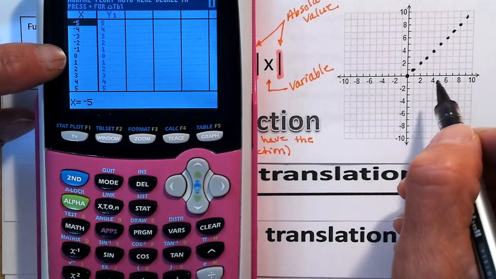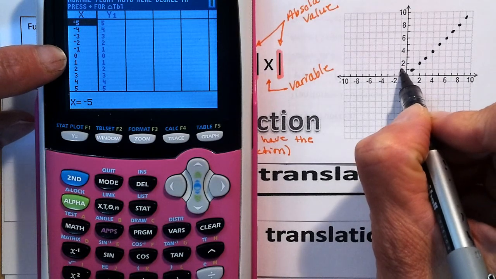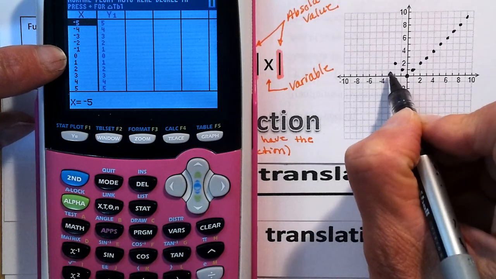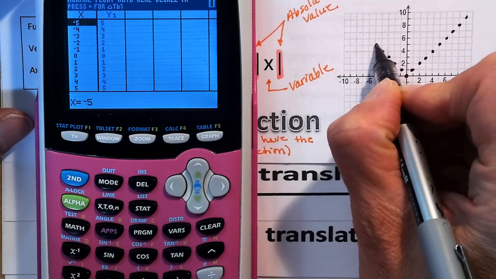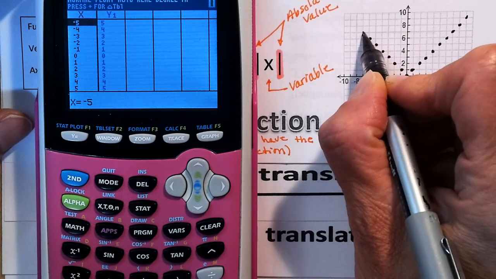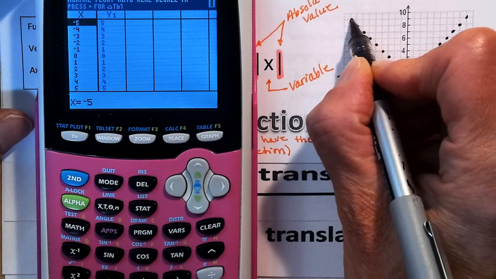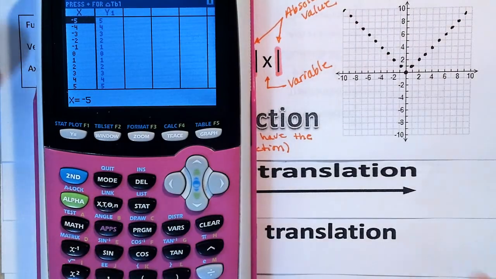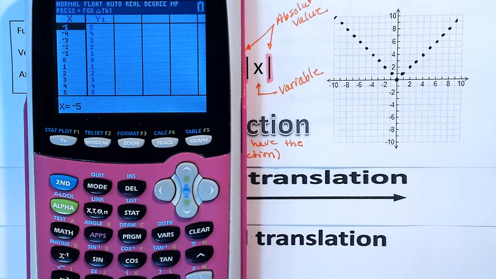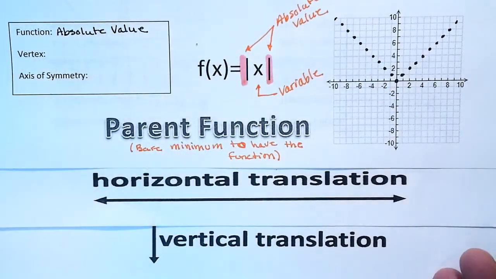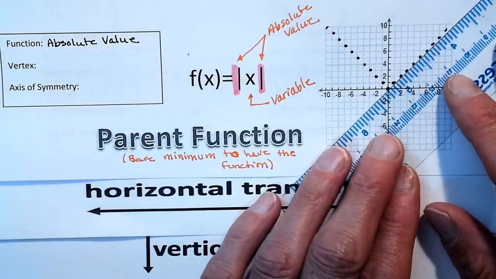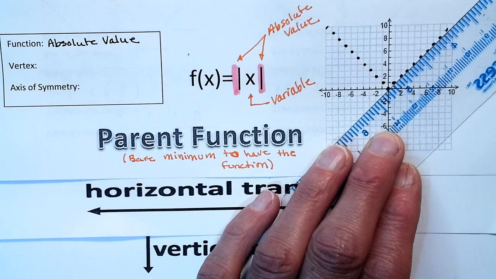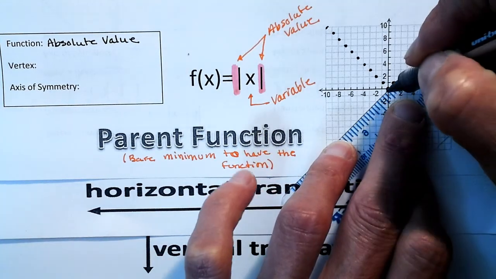But then I also have negative 1, 1, negative 2, 2, negative 3, 3. So here's my parent function that I'm drawing in right now. So the parent function is basically just the bare minimum you need to have that function. So because I'm talking about this function, which is my parent function, I'm going to go ahead and make these lines solid.